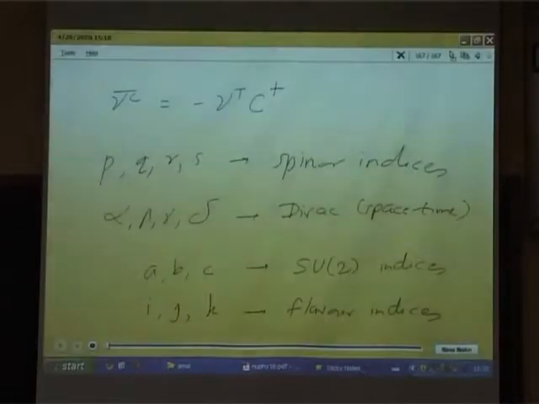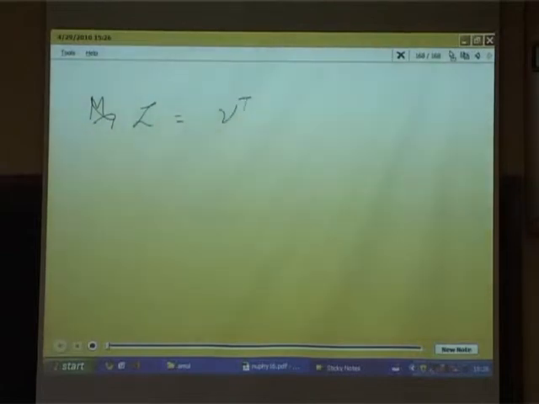So the Majorana mass matrix in L was nu transpose M_M nu. It basically means this nu transpose is nu e, nu mu, nu tau. This M_M is this 3x3 matrix, and my nu is the column of nu e, nu mu, nu tau.